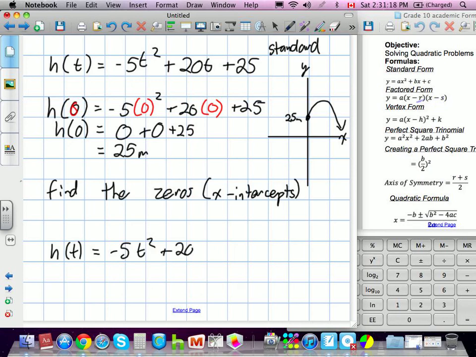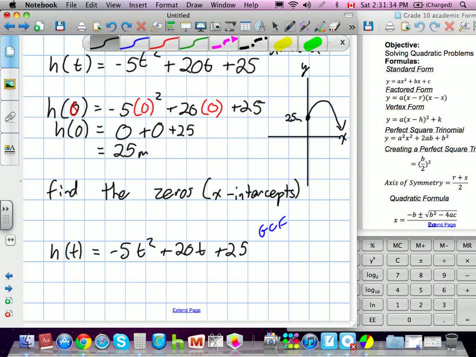What would the greatest common factor be here? 5. Just 5? We'll probably try to make it negative 5. It's always nice to get rid of that negative on the first term. So we factor that out, the greatest common factor ends up being negative 5. Inside the brackets, we're left with t squared minus 4t minus 5.